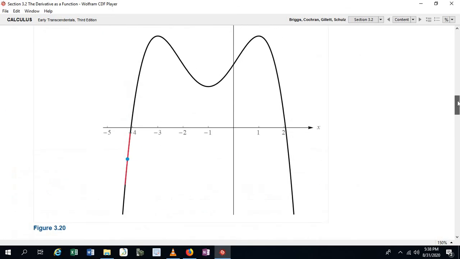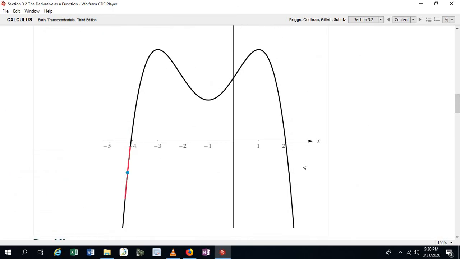If I give you the graph of some function, and you want to graph the derivative of that function, then what you really need to do is look at the slopes of the tangent lines at every point for this function. And that way you can graph the derivative, because the derivative would be the slopes of the tangent lines at those various points.